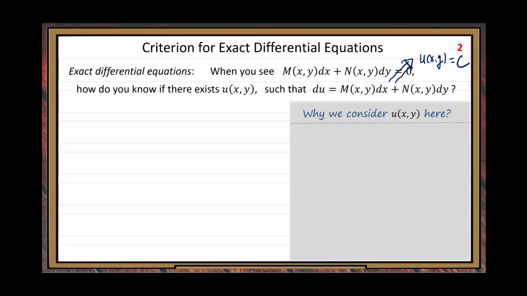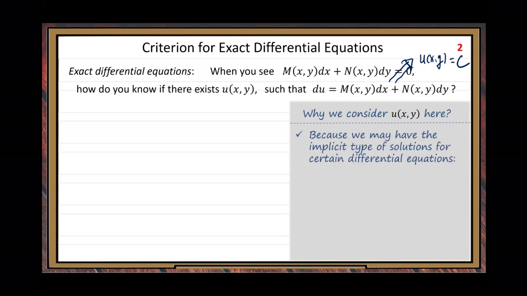Why do we consider u(x,y) here? The answer is obvious. After discussion of the previous page, we consider total differential. It's obvious because we may have the implicit type of solution. This is an implicit function, u(x,y) implicit.